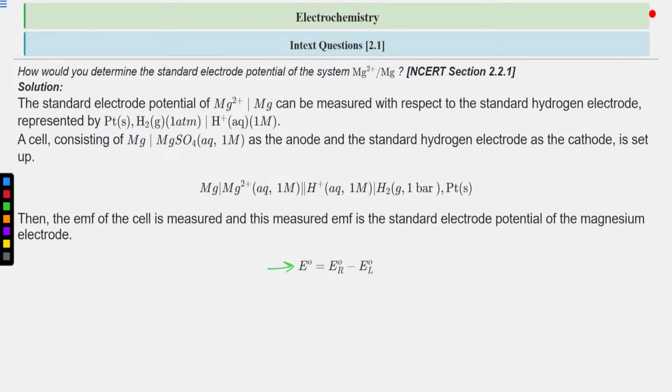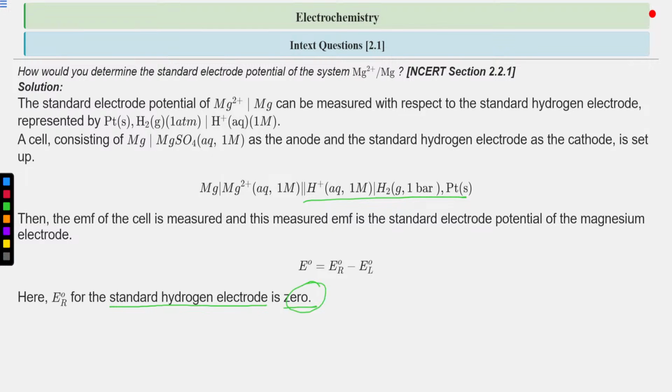So how can you determine E naught for a cell? It will be E naught of R minus E naught of L. Here, E naught of R for the standard hydrogen electrode is 0, because at the right hand side of the salt bridge we take the SHE. We put it in this equation, and E naught becomes 0 minus E naught of L, that means minus E naught of L. So the overall cell potential equals the minus of the standard electrode potential of the left hand side, which is this Mg electrode.